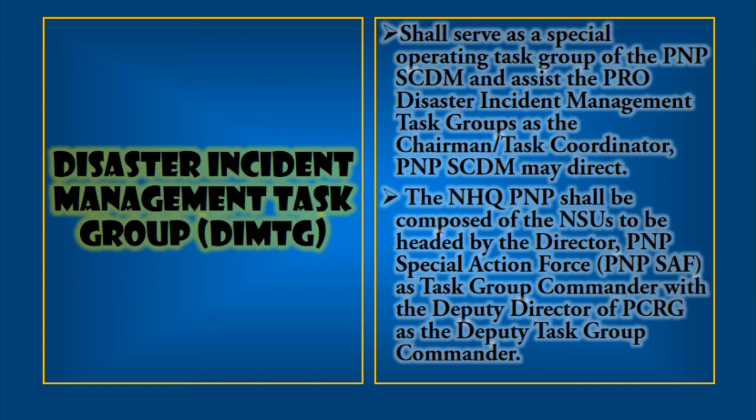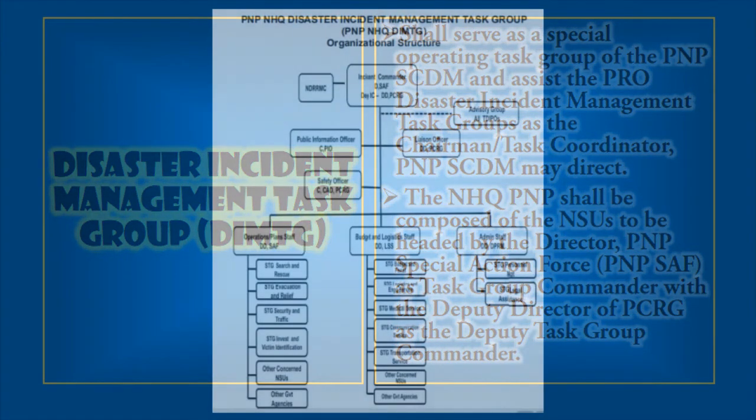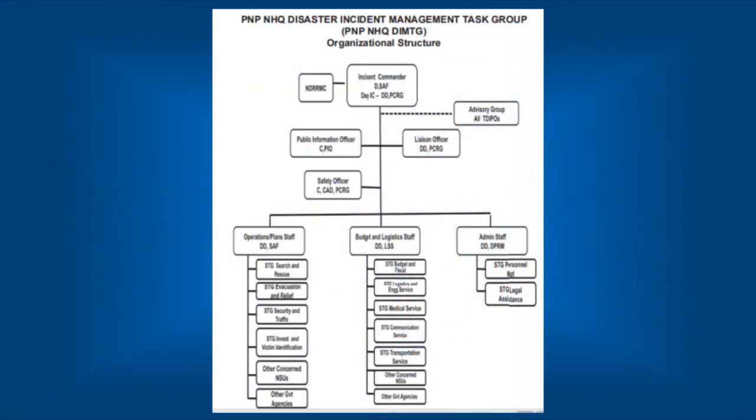And it shall be headed, take note of it, it shall be headed by an incident commander also. So, yun, nandyan, director of the SAF. Okay? It could be the deputy director of the PCRG. And take note also that the incident commander should coordinate also with the NDRRMC.